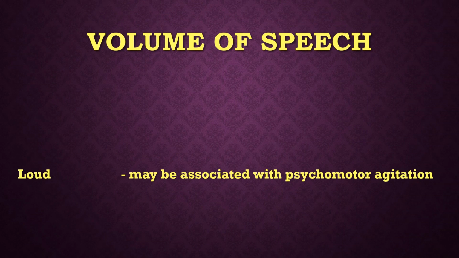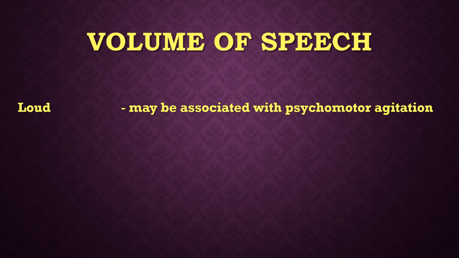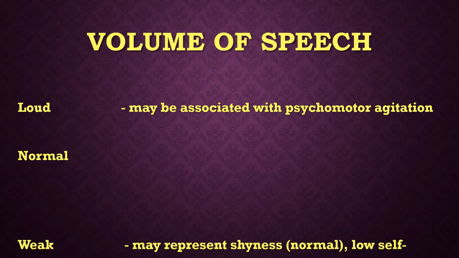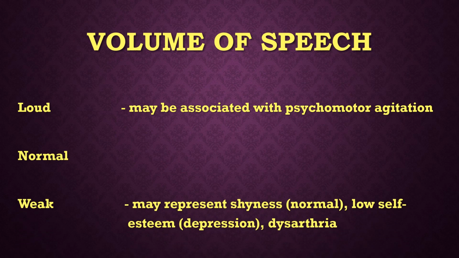Volume of speech. Loud. It may be associated with psychomotor agitation. Normal speech. Then weak. It may represent shyness. It is considered normal. Then low self-esteem. That can be seen in patients with depression. And then dysarthria.